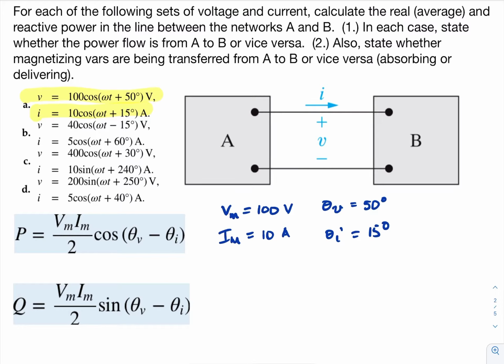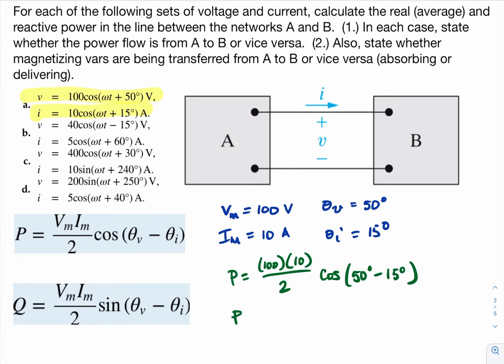All right, so let's take a look at average power first. So P is equal to V sub M, which is 100, times I sub M, which is 10, over 2, cosine of theta sub V, which is 50 degrees, minus theta sub I, which is 15 degrees.